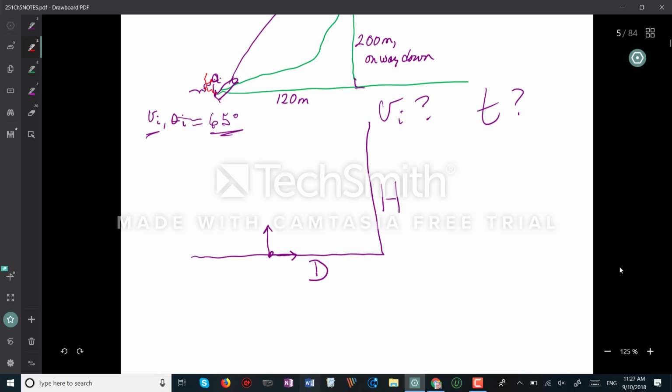And here's my initial velocity. Can I draw a big arrow? I can. May I draw a big arrow? You have that power. Use it wisely. So this is V initial, and this is theta initial. I chose that origin. You can choose one yourself.